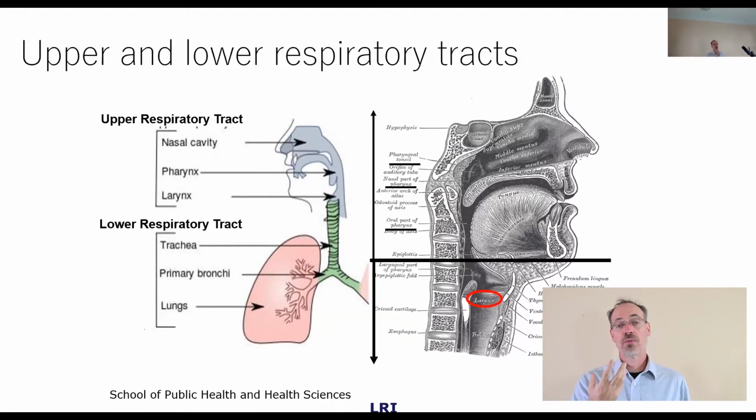And so the nose and the mouth have evolved to filter out larger particles. We're going to see in a minute that the size of the pathogen matters. Smaller particles are able to go deeper in the lungs. Larger particles most often colonize the upper respiratory tract. But again, that's not a given. It can be either way.